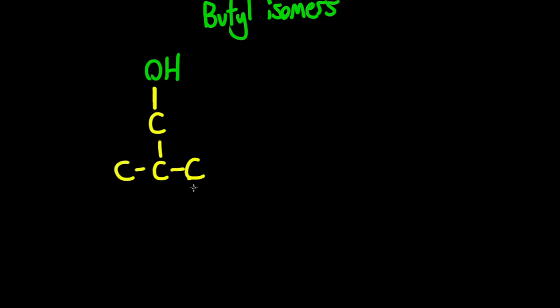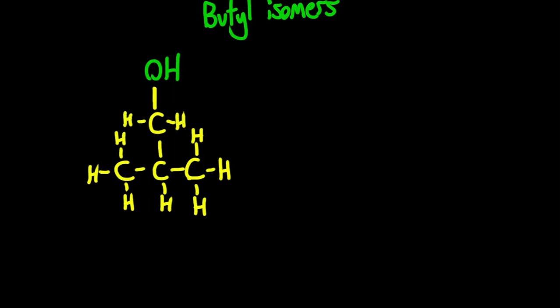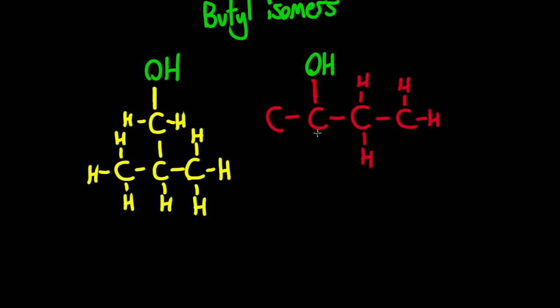So butyl means 4, so each of these is going to have 4 carbons on it. And let me draw this one over here. We'll do red. Draw my hydrogens. And let's do one more.